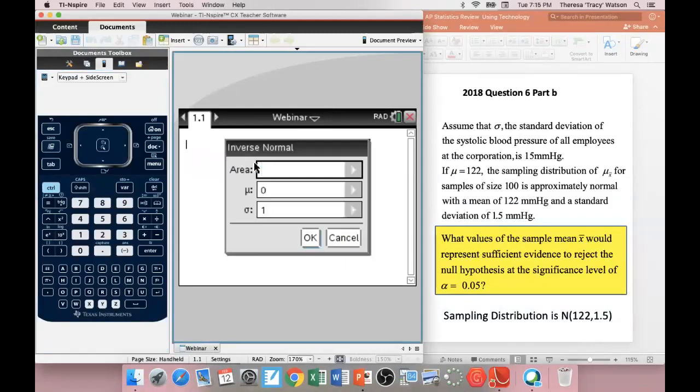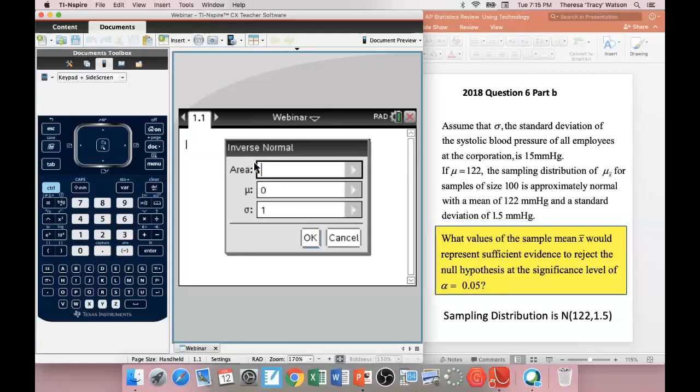Now, here is one difference between the 84 that Mike was using and the Nspire that I'm using. Notice on my options, I don't have the choice of doing a left tail, center, or right tail. I just remember the left and the right, and there's an option in the middle. I don't have that.